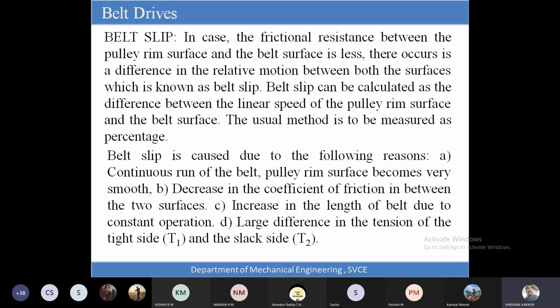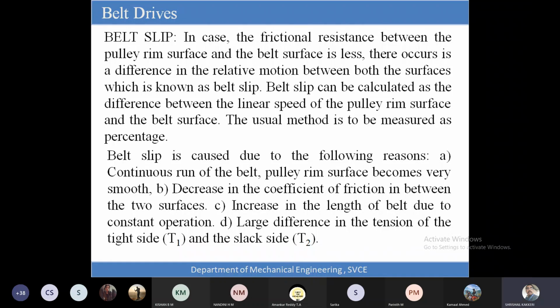The slip in the belt is due to many reasons. As I told you, continuously it will be running, and once that happens, the pulley and the inside surface of the belt will become smoother. That may be one reason. And due to smoothness, the coefficient of friction will become lesser. There will not be enough grip.